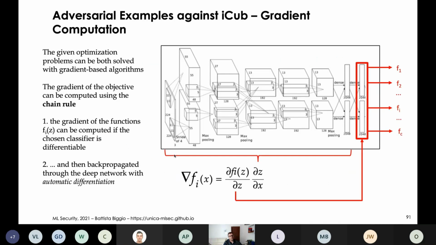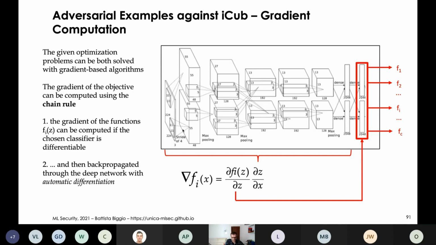Okay, so now one may say, how do I compute the derivative of this function? What you want to do is compute the derivative of the logit with respect to the input point, and this is fairly easy. Since here we have mostly a linear layer, this would be the weights of this layer times the gradient that you obtain by traversing the network.